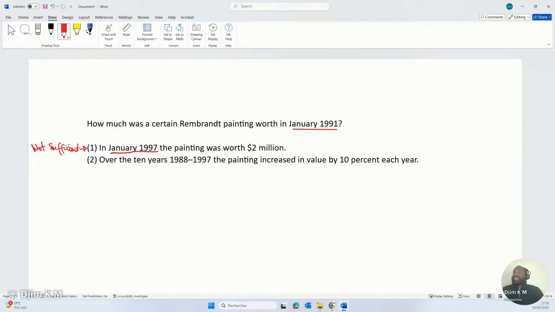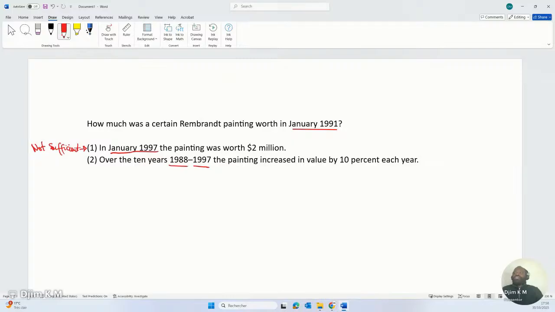Okay. Condition two, over the 10 years from 1998 to 1997, the painting increased in value by 10%.